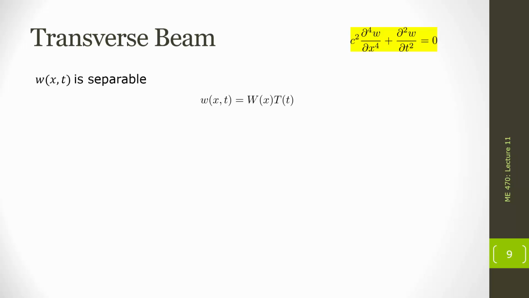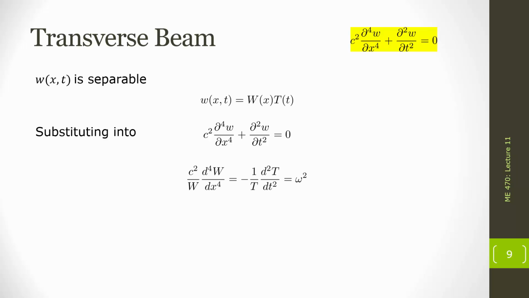Some big W that is a function of only space, and some function big T that's only a function of time. And if we take this and we substitute it back into our governing PDE, then we can get the expressions that look like this, where the first term is affecting only the W, and the second term is affecting only the T term.